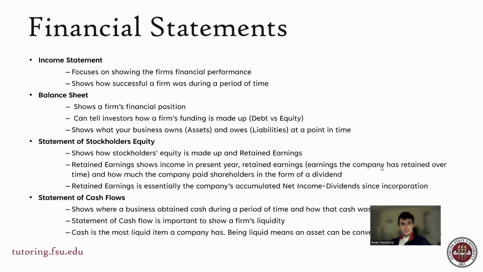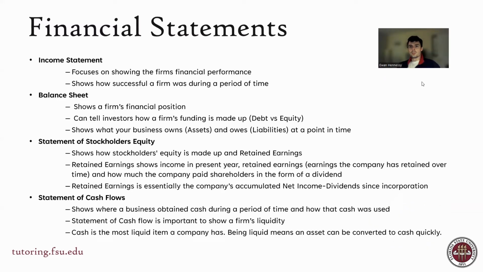So the income statement, I kind of said it's for a period in time, and if you're talking about a firm's performance, it's kind of implied that you're talking about current performance, so it would be for the most recent year. Balance sheet shows the position. You could think of that as your current GPA, your cumulative semester grades.